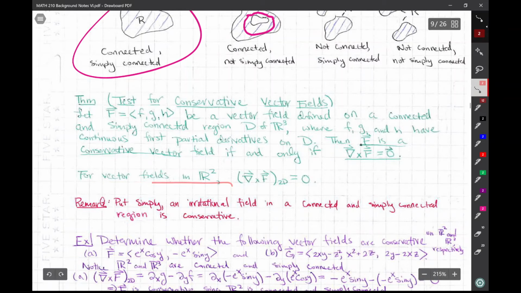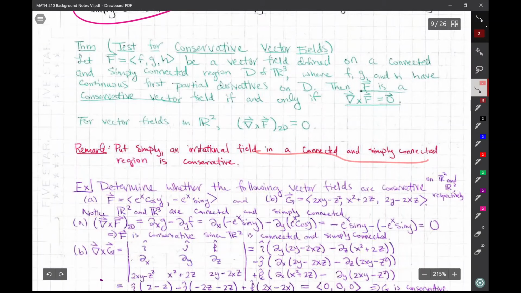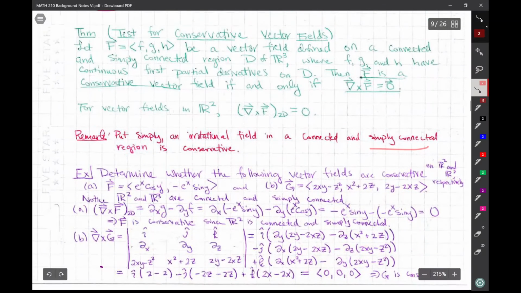For vector fields in R2, a vector field is conservative if its 2D curl equals 0 on a connected and simply connected region. Okay, put simply, any irrotational field in a connected and simply connected region is conservative.